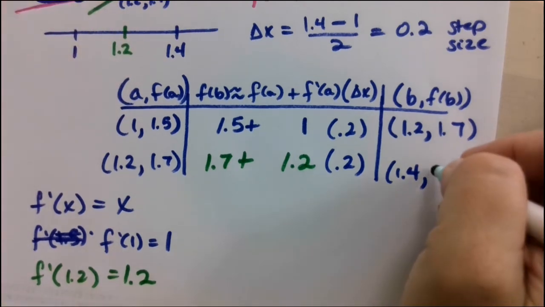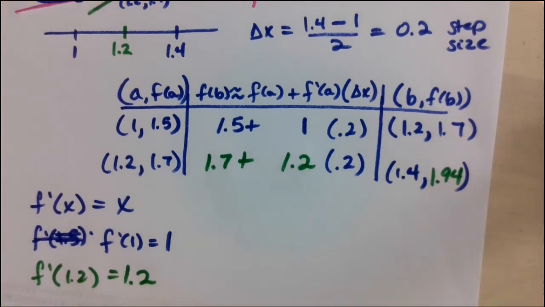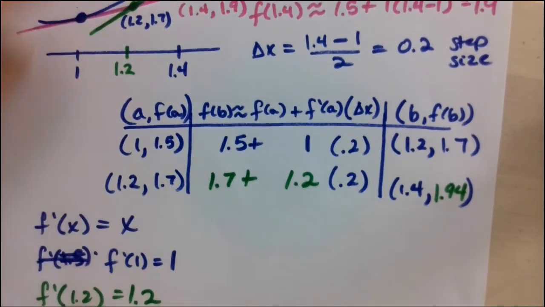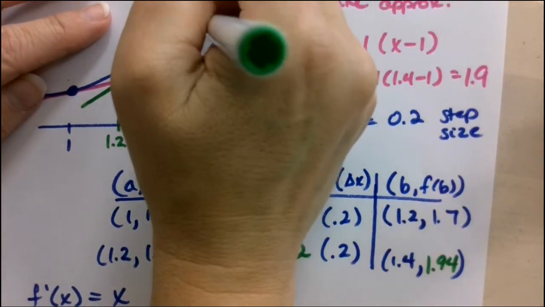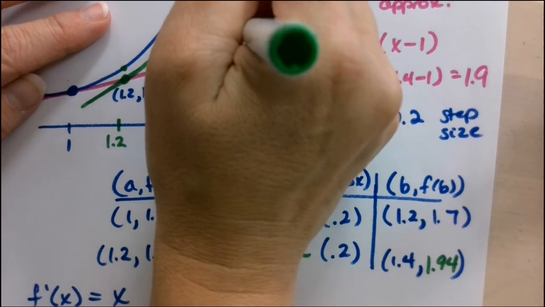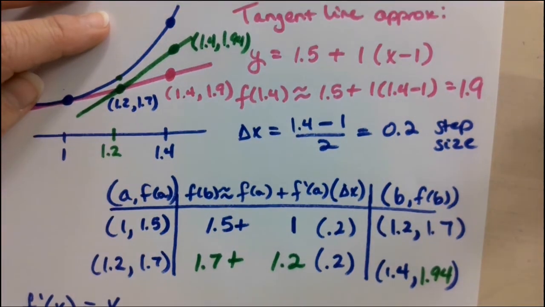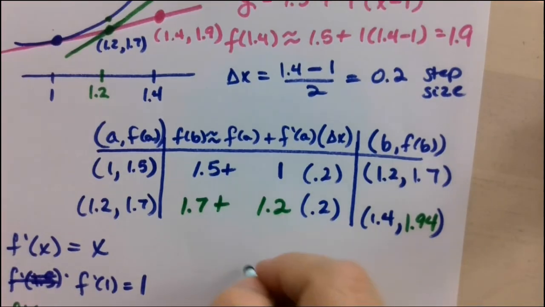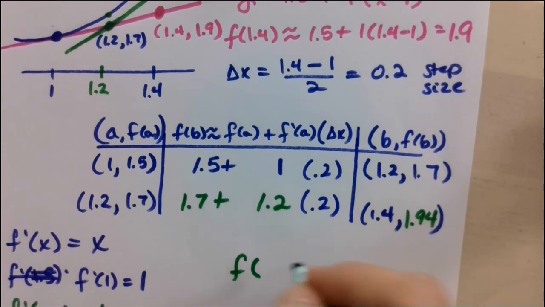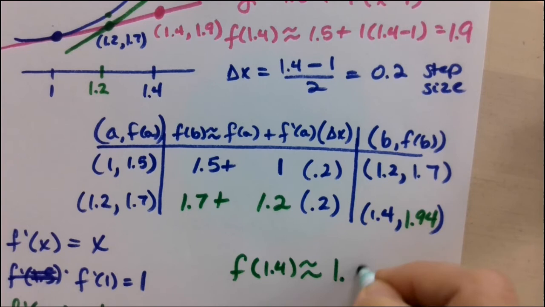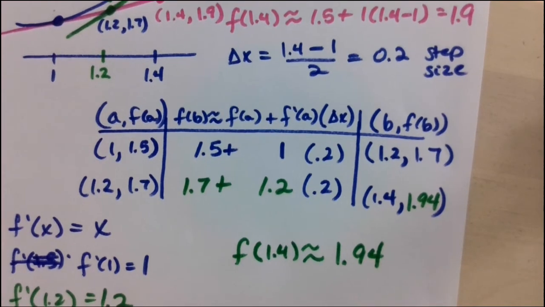And if we calculate all that out, we're going to get 1.94. And so the coordinates of this point, (1.4, 1.94). And so using Euler's method, we're saying that f of 1.4 is approximately 1.94.